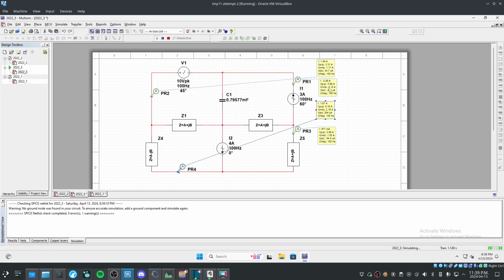If I run it and pause it, when you see peak to peak, you have to keep that in mind, because when we do our calculations, we're finding the peak, but Multisim gives the peak to peak. So you'll see that all of these numbers are exactly double or very close to double our values. Again, all of the Multisim videos will be posted in the description, and that's it.